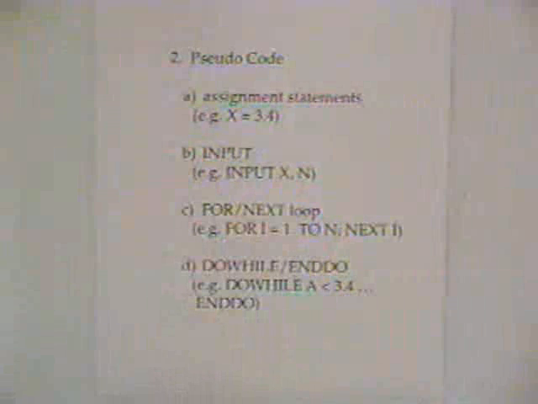Right. The next pseudocode statement is a for next loop. Much of the work that's done in any computer program is done in loops. That's the real power of programming. You're able to get something done over and over again efficiently. So a lot of the processing and a lot of the problems that you'll be dealing with will be done in loops.